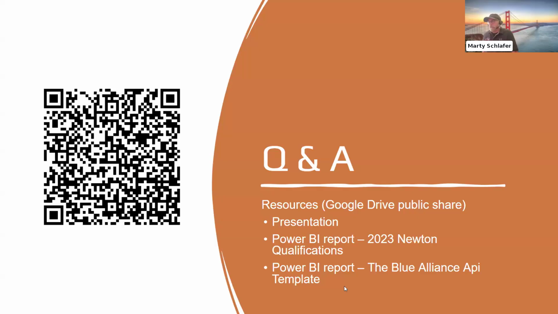I put that up there with some instructions if you want to pull down Blue Alliance data and play around with it in Power BI, or actually make a viable product that can complement what you're doing on your own data for scouting. I will also post the Power BI report for the 2023 Newton qualifications that we used for our demonstration here, so you can tear through that and look at what we did, as well as the source file for the data.